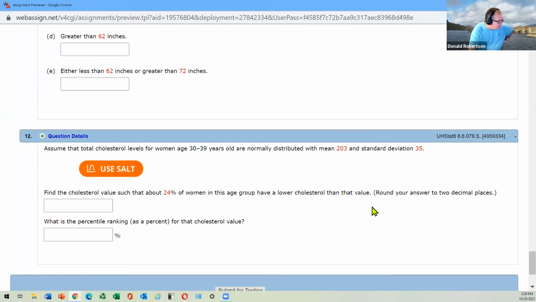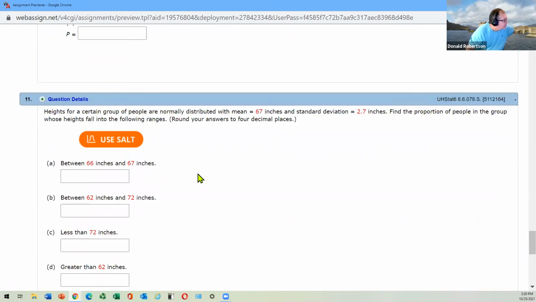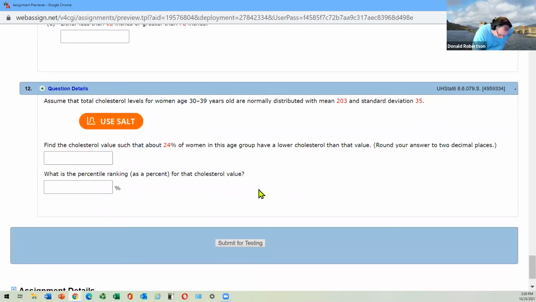And now they are making things sneaky. Let me check if they've done that before this one. No, this is the only one that you need to do, so I'm glad I chose it. We are going to use salt in a different way. Find the cholesterol value such that 24% of the women in this age group have a lower cholesterol.